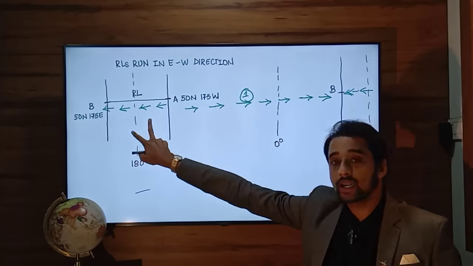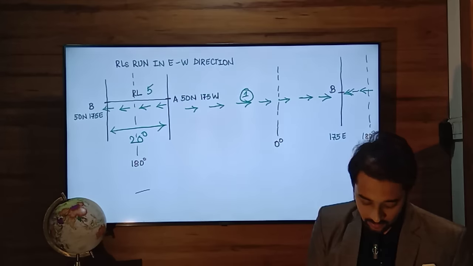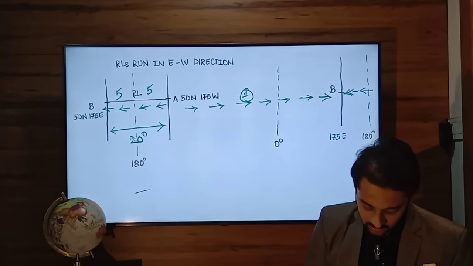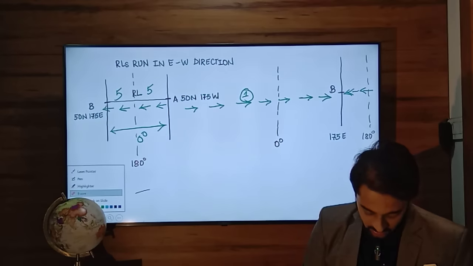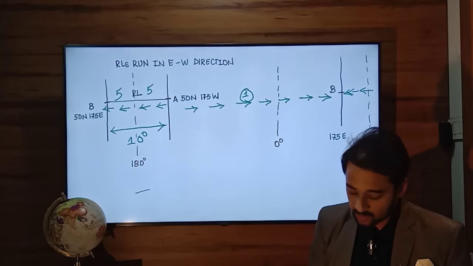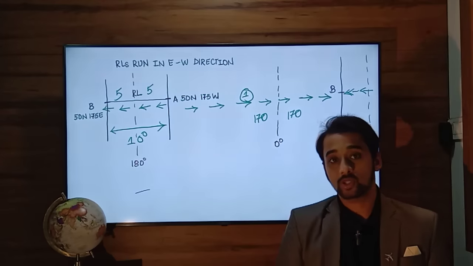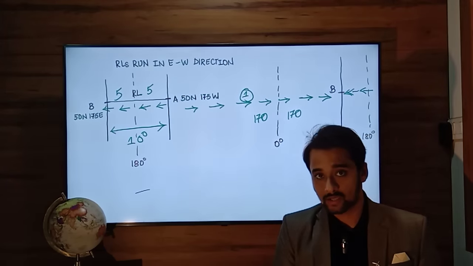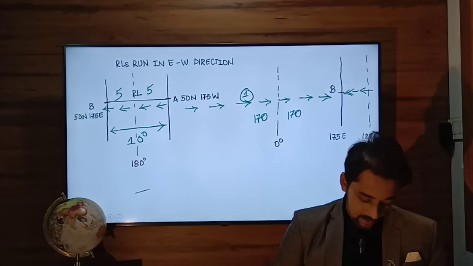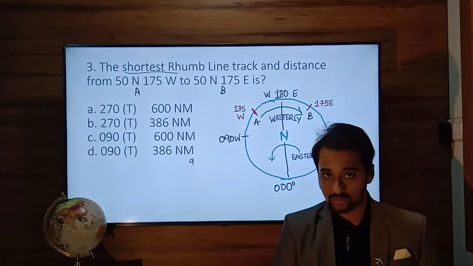Here only 10° of longitude was there. If you choose to fly easterly, there will be 170 and 170, so much more than 10° longitude change. That's why we choose to fly westerly, which is the shortest Rhumb line distance direction.